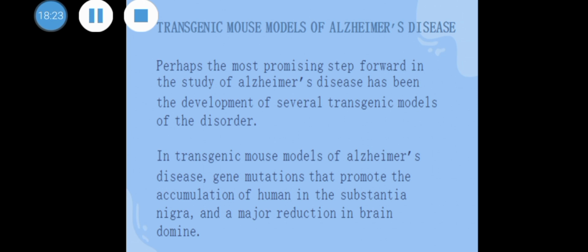So what is the difference between the two? Kindling is a lasting change in brain function, while transgenic mouse models have had their genomes altered for the purpose of studying gene functions.